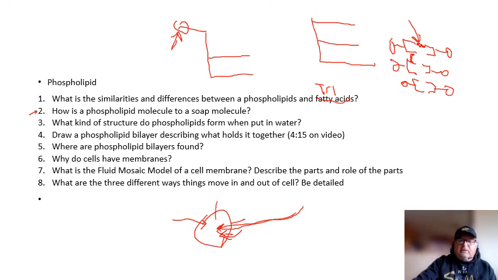Bigger molecules need channels, okay, and these are protein channels where they can move in and out without any resistance, and this is called facilitated transport. And then finally, some molecules don't get a free ride to go in and out of the cell. They have to pay, and the pay is ATP. And so this is called active transport. So go back and look at your notes for that.